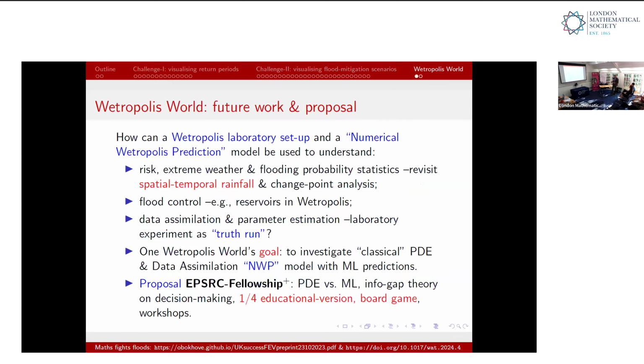Now, how further? I'm busy creating Metropolis World and using Metropolis as a laboratory and scientific setup with a matching numerical Metropolis model, NWP, pun intended. One of Metropolis World's goals is to investigate classical partial differential equation and data simulation methods, numerical Metropolis prediction methods, alongside machine learning predictions.